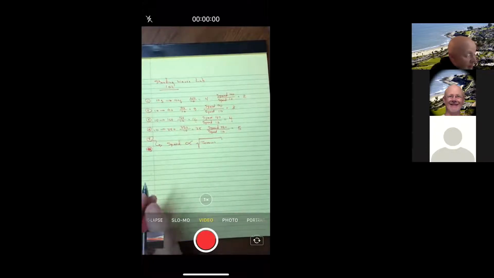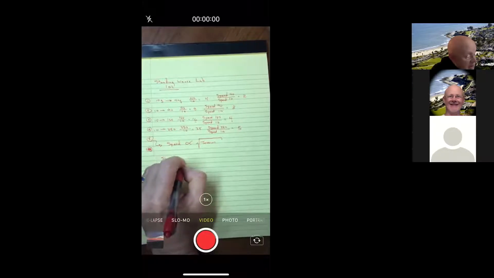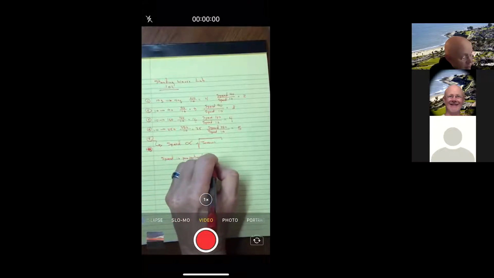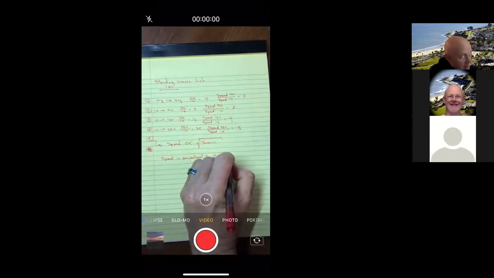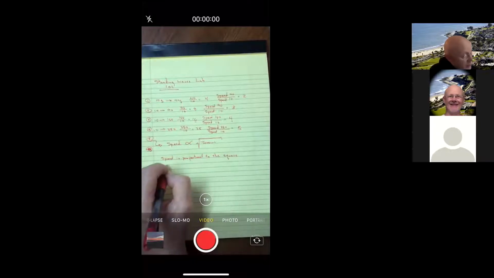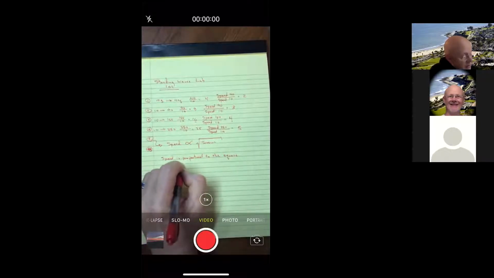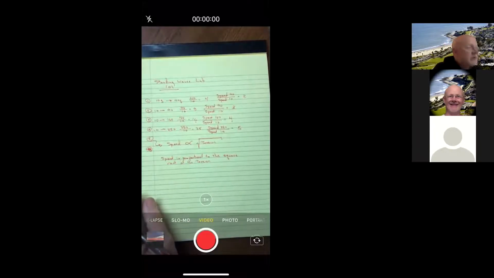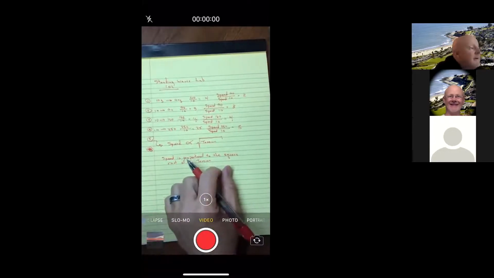Now you could write it in words and just say the speed is proportional to the square root of the tension. And so either is absolutely fine.